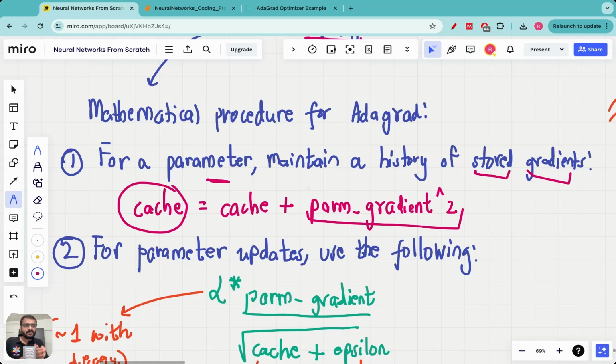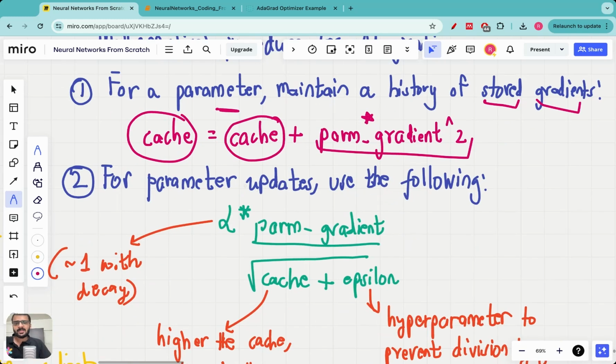So let's say we are in the fifth iteration. We will find the partial derivative of the loss with respect to weights in the current iteration, square them, and we will keep that. So that will be this term, parameter gradient whole square. But we will add this with the summation of all the previous gradient values, because that will be stored in the cache until the fifth iteration.